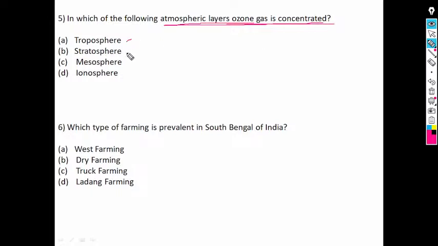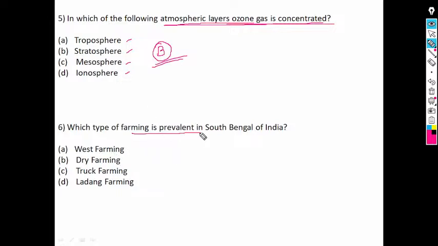Troposphere, stratosphere, mesosphere, or ionosphere. Ozone gas is concentrated mainly in B, the stratosphere.